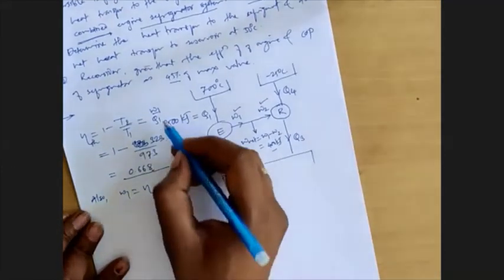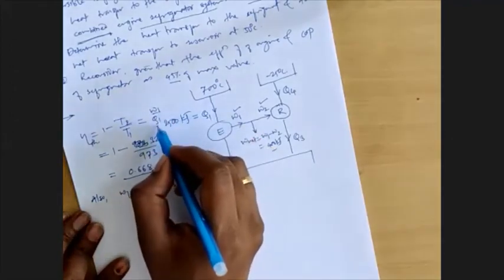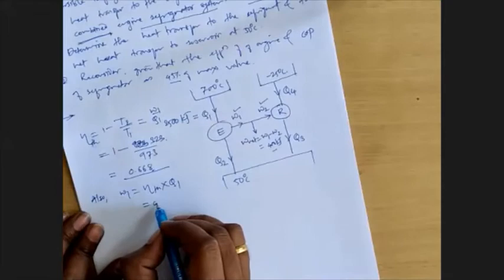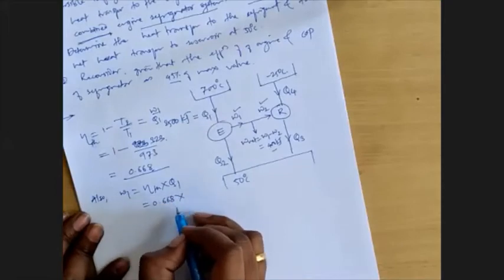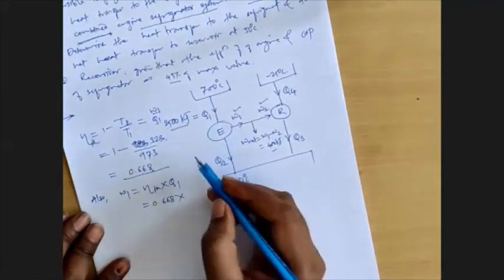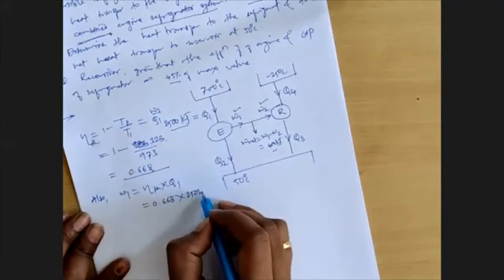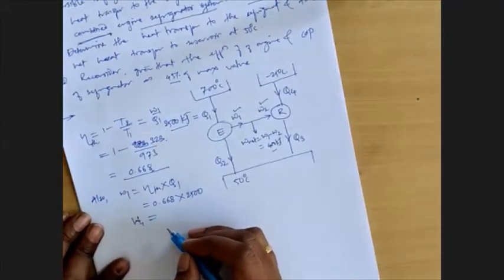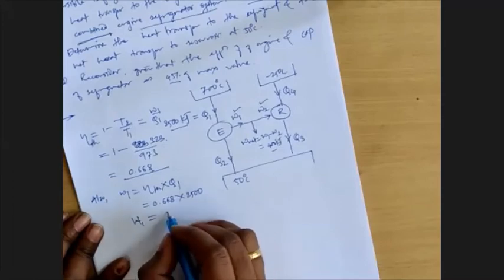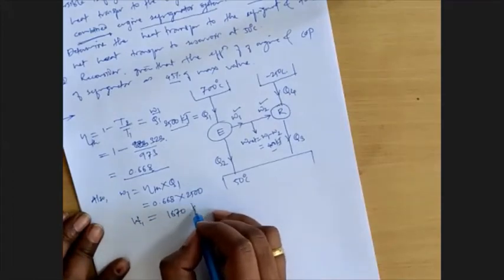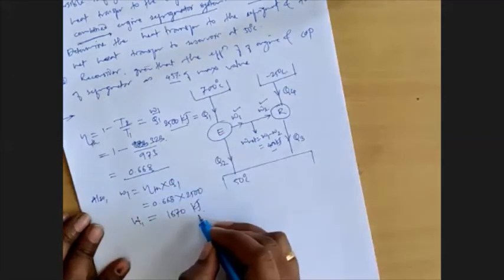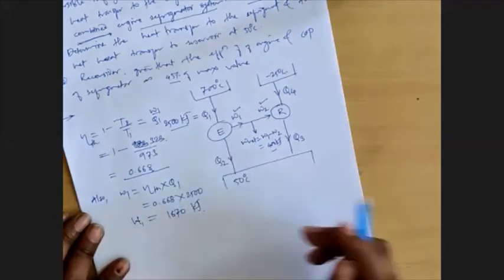So this is going to be 0.668 multiplied by Q1, which is known, 2500. So W1 is equal to 1670 kilojoules, right? Because this Q is in kilojoules, so work will be in kilojoules only.